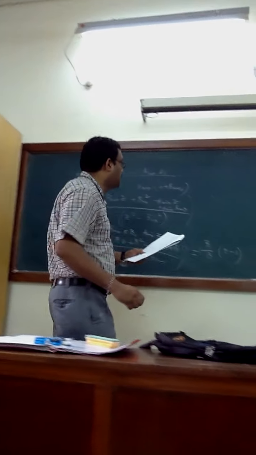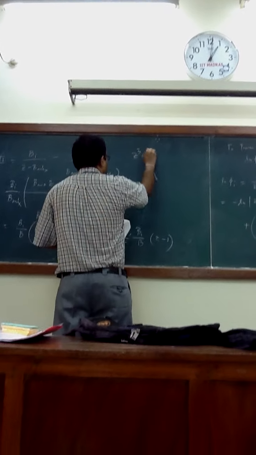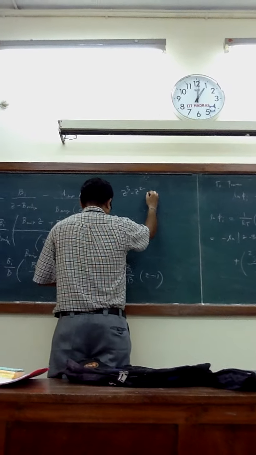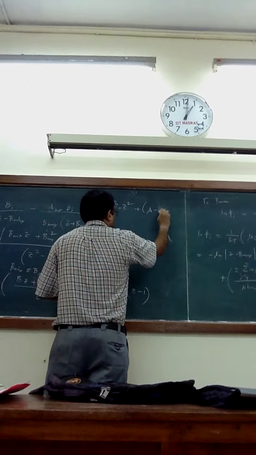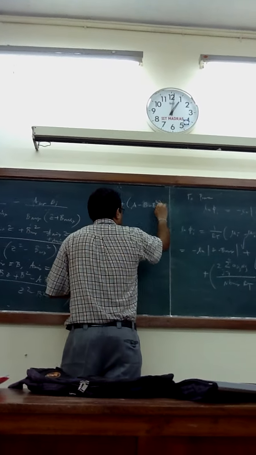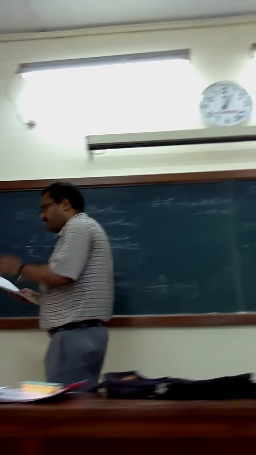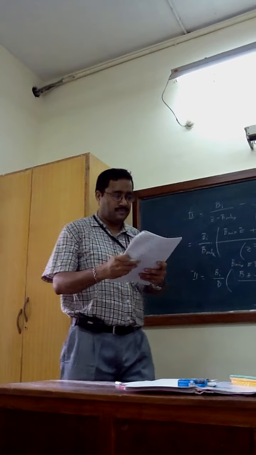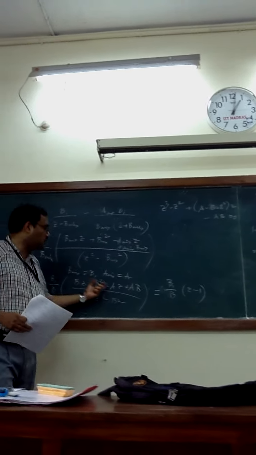For SRK, alpha is minus 1, so Z cube minus Z square. Beta is A minus B minus B square. And gamma is minus AB, equals 0. AB, not A, minus AB. So from here, can you see how we can get this one?